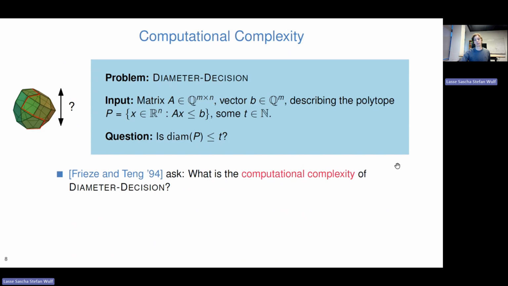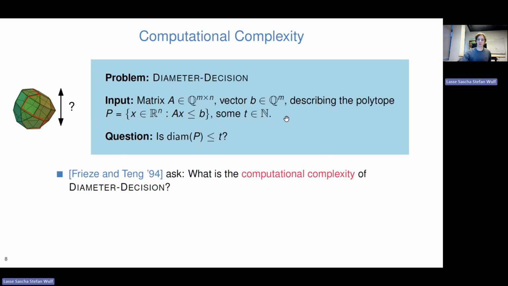But also a very fundamental problem is the decision problem associated, or the computation problem associated to actually computing the diameter, right? So here I would ask you, I give you some polytope given in this half-space description. So I give you some matrix A, some right-hand side B, describing some polytope P. So for example, this could be the hypercube, which you could describe with only very few hyperplanes.